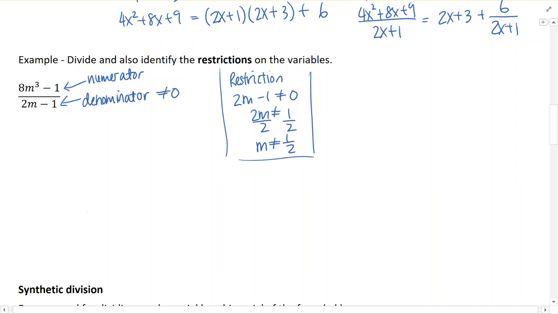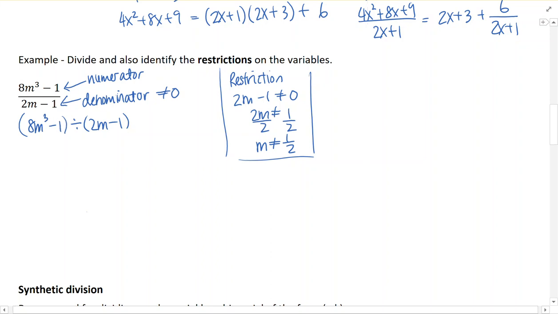All right, now that we got that set, next, looking at our dividend, which is this top part. Sorry, I'm writing a lot of stuff here. This top part, we could also rewrite as 8m cubed minus 1, this whole thing divided by 2m minus 1, right? So this first part is our dividend. And when you look at it, we're jumping from m cubed straight down to no variables.